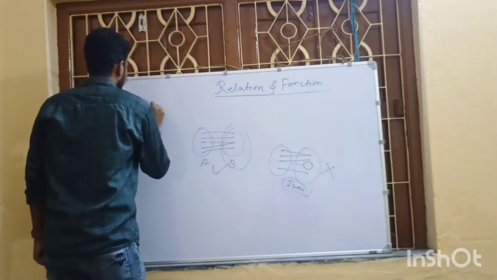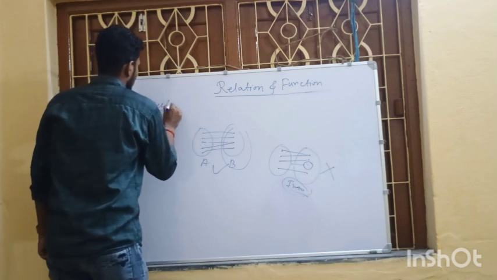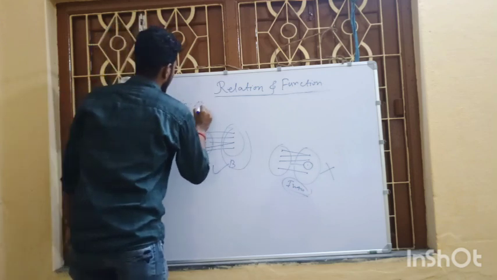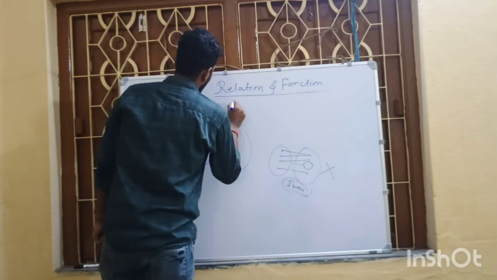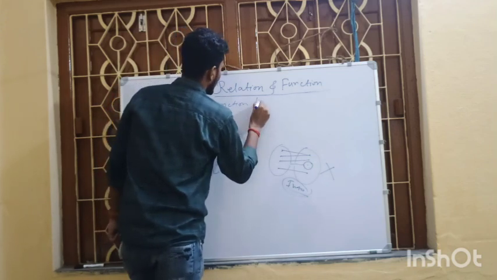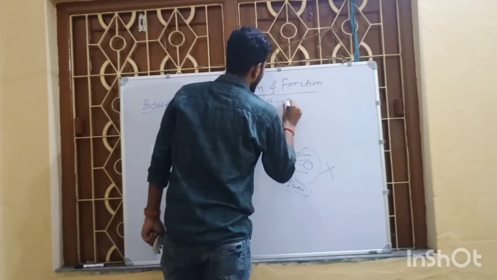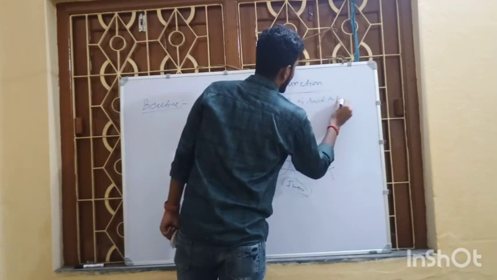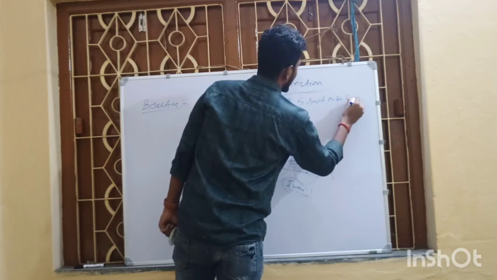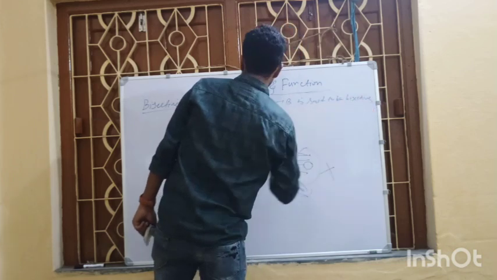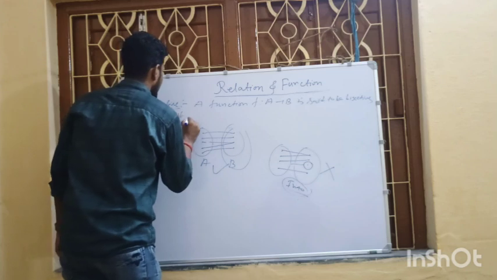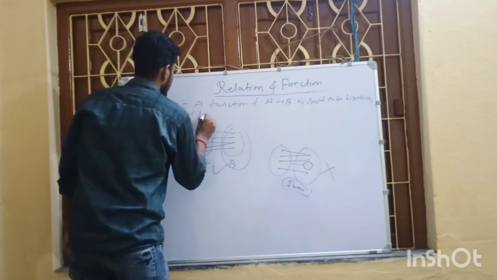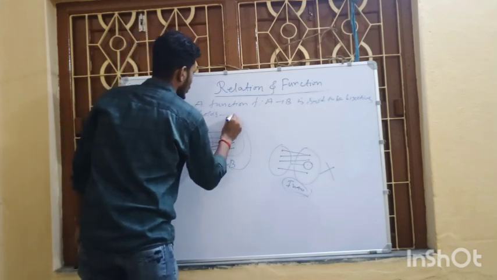What is bijective? A function f from A to B is said to be bijective if it holds two conditions.